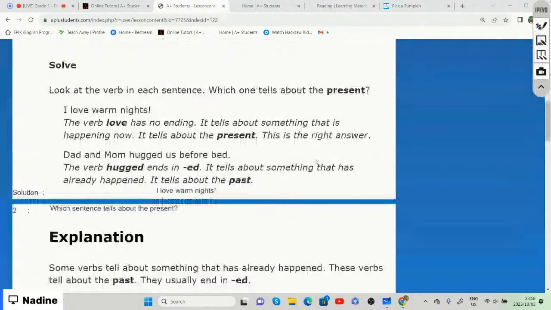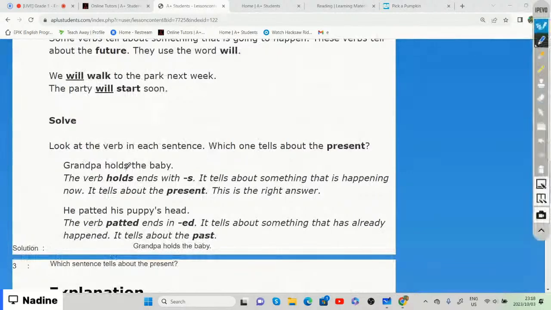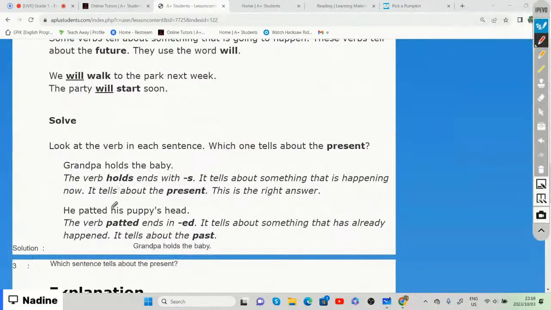All right. If we look at these two sentences, one says grandpa holds the baby, and the other one says he patted his puppy's head. Grandpa holds the baby. The verb holds, which ends in S, gives us the indication that it is happening now, which means it tells us about the present.